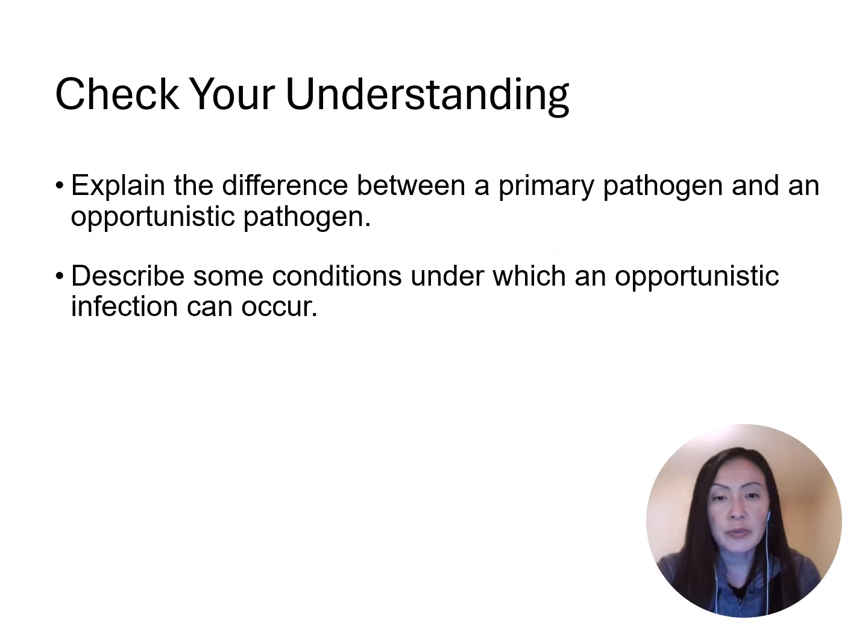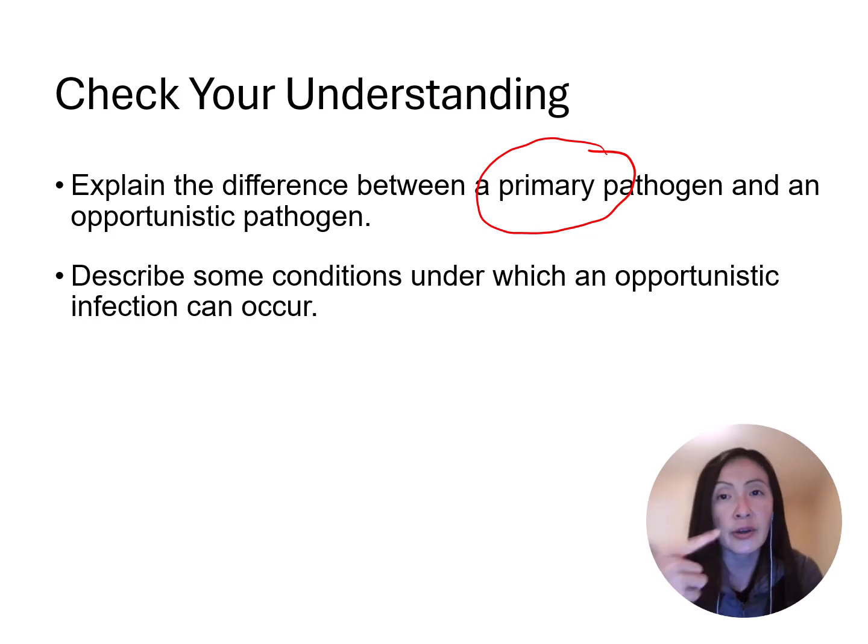This first checkpoint asks us to explain the difference between a primary pathogen and an opportunistic pathogen. A primary pathogen can cause disease in a healthy host. I mentioned Bacillus anthracis or enterohemorrhagic E. coli. Shiga toxin, for instance, inhibits protein synthesis, and that can lead to severe bloody diarrhea, inflammation, and even kidney failure, even in individuals who are otherwise healthy.